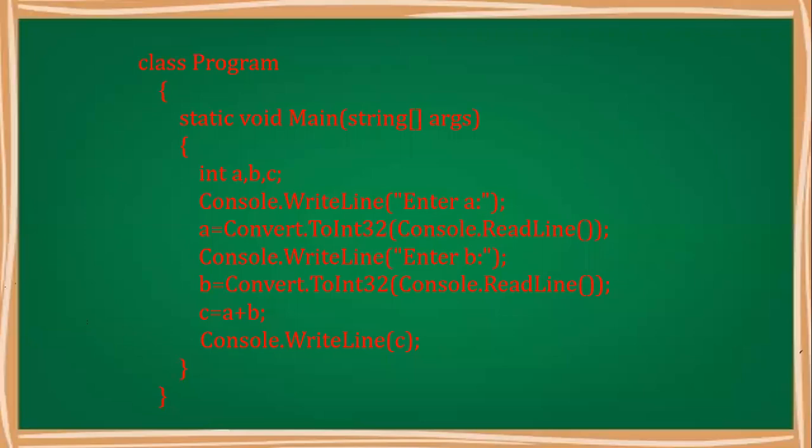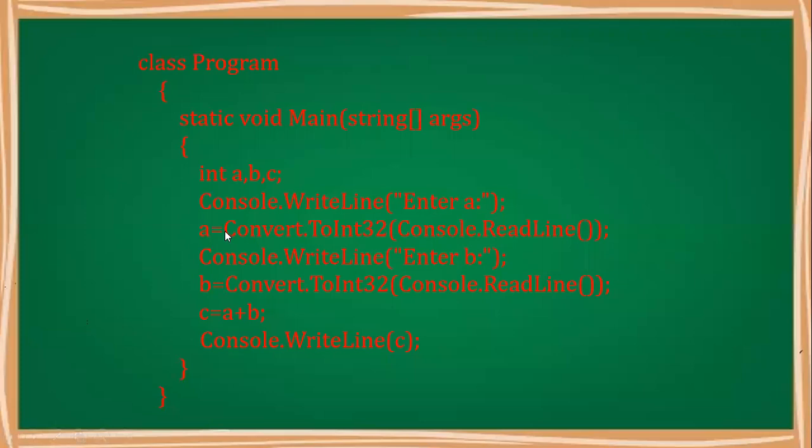But even if he enters something else, we can do some sort of data type conversion along with the method, because in the previous program, we were just reading the input from the user with the help of the method called console.readLine. So here, a is equal to what we have written.